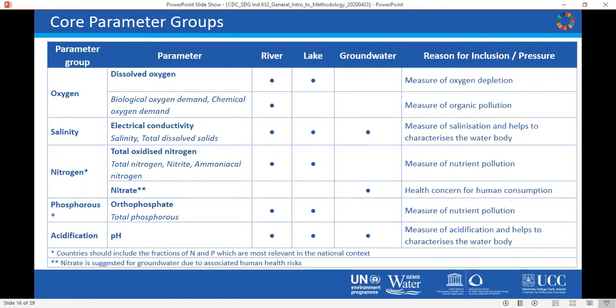For the nitrogen parameter, countries can either measure total oxidized nitrogen, total nitrogen, or ammoniacal nitrogen, or nitrate. For phosphorus, we recommend orthophosphate, just because it's more simple to measure, or total phosphorus. And for the acidification parameter group, countries can choose to measure pH.